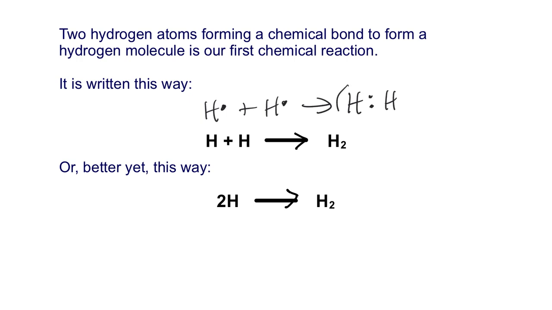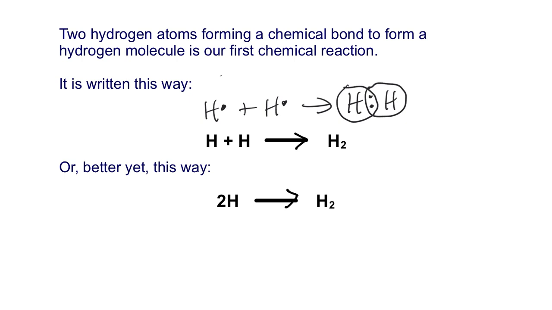Each one now has two electrons, a filled outer shell. Remember, the first electron shell, the one closest to the nucleus, is filled when you put two electrons in it.